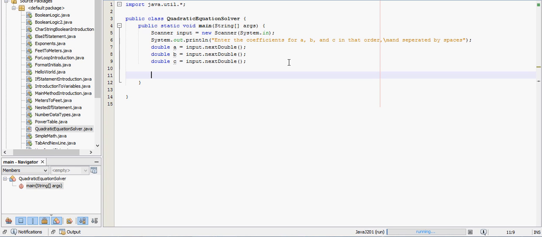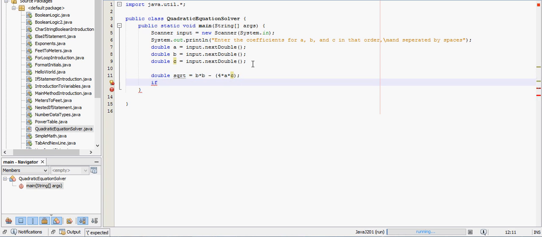So double, let's call it sqrt for square root, equals b squared, which would be b times b, minus 4 times a times c, and that will give us what's under the square root.